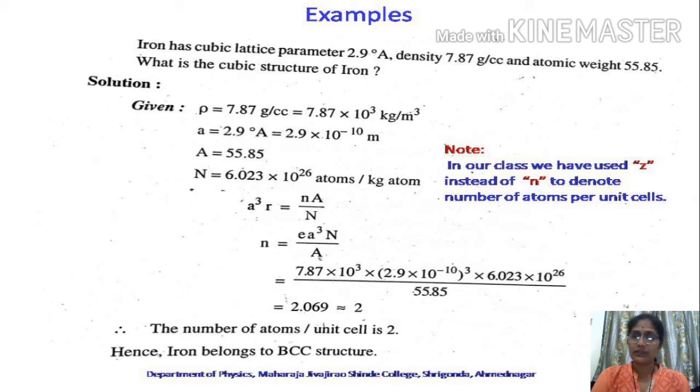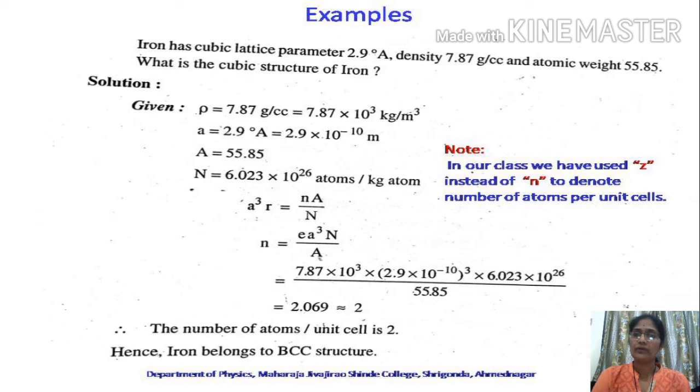Then we have seen the relation between a and d, and the formula is d is equal to a upon square root of h square plus k square plus l square, where d is interplanar distance, a is cube edge and h, k, l are the Miller indices on respective axes.